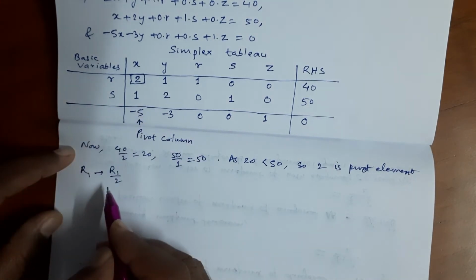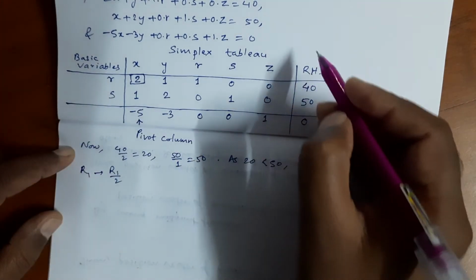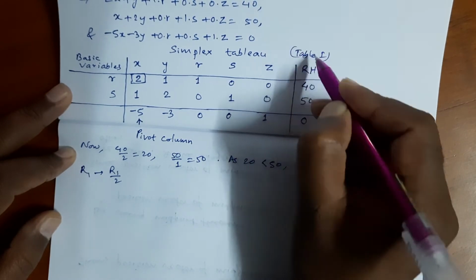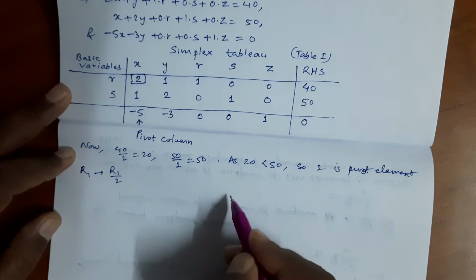We again make a next table. This is table 1, and we will make table 2.